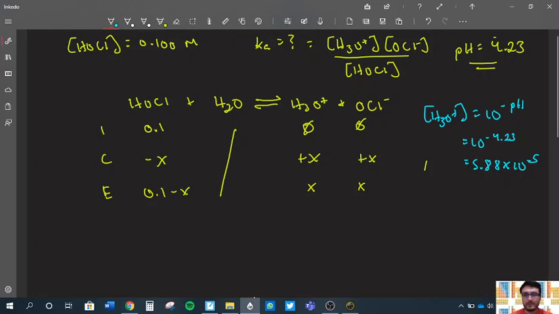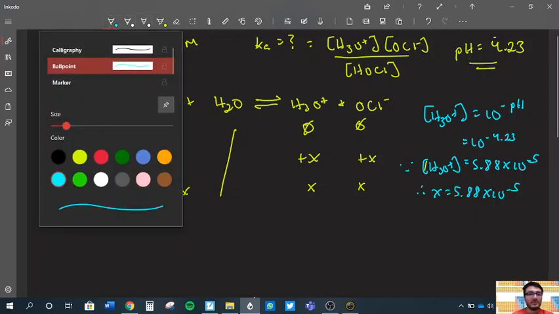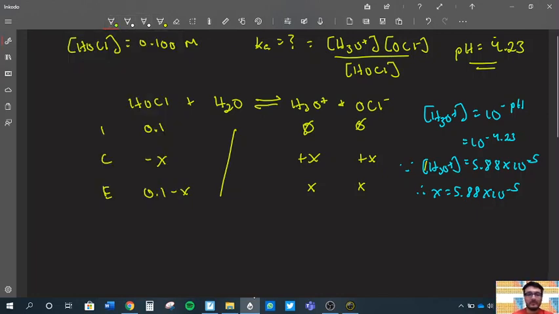This is the concentration of hydronium, and therefore x is equal to 5.88 times 10 to the negative 5. Okay, and we're almost done. We know what the x value is. We just had to do one calculation here. So let's finish this off. My scrolling isn't working.